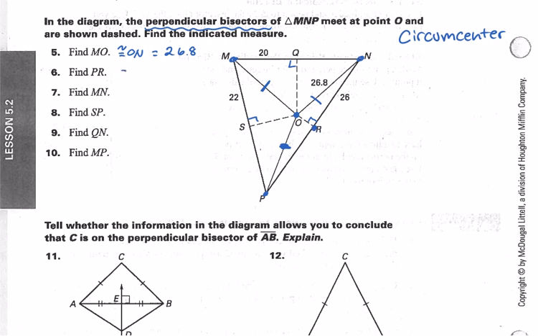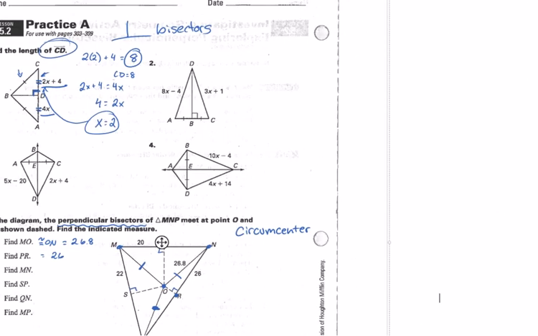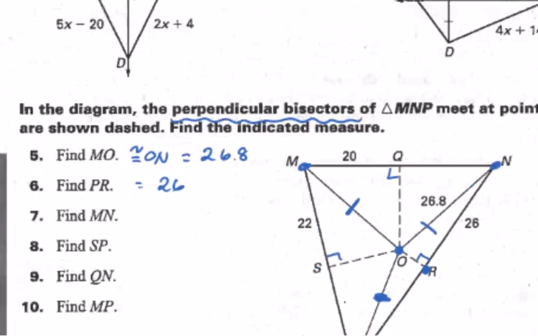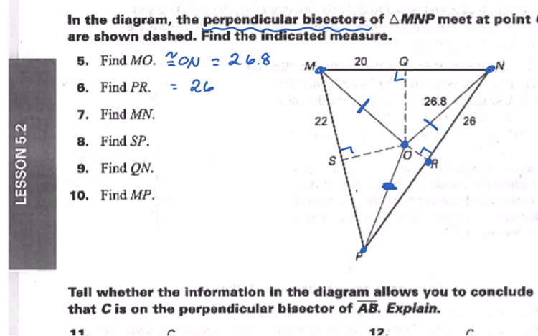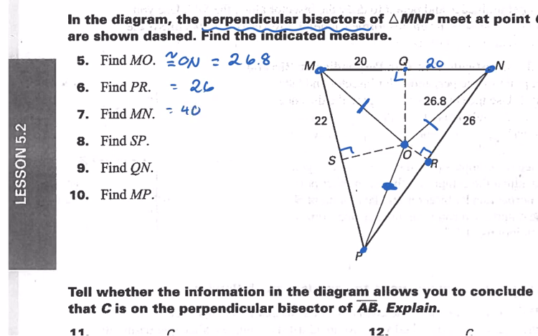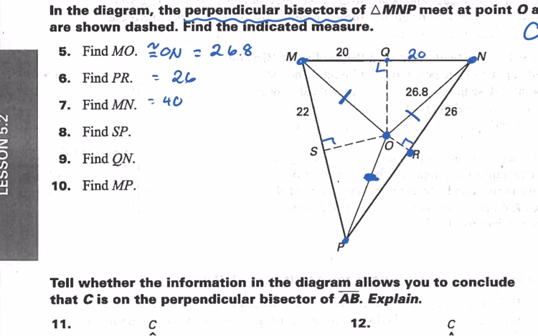So PR is equal to 26. And MN, zoomed out. If I were to find MN, since this is a midpoint, that's 20. MN, the whole thing is 40. Right? So that gives you a couple different segments that you might find.